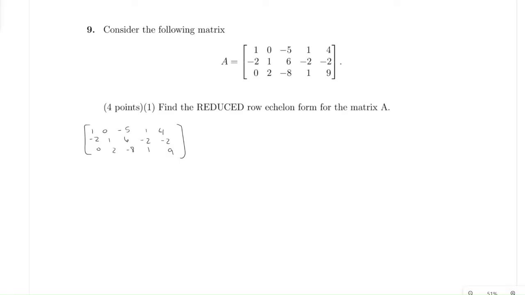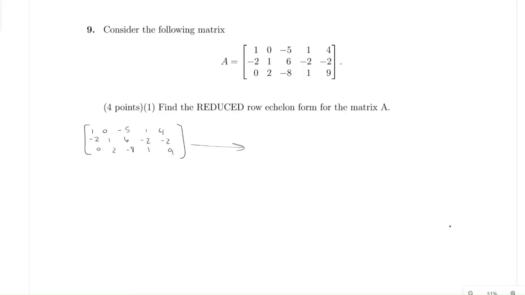And within the column holding that pivot entry, all the other entries should be 0. Additionally, we want any 0 rows at the bottom, and we want each pivot entry to be in a column to the right of the previous pivot entry. That'll make sense once we row reduce this.